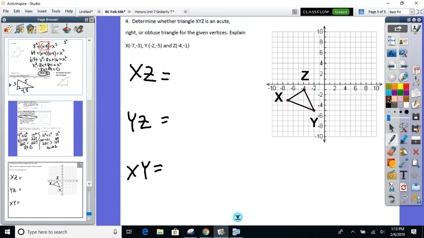Take a peek around, talk with your group if you want. Just make sure you got the right spot going.